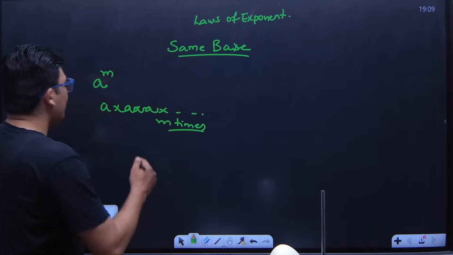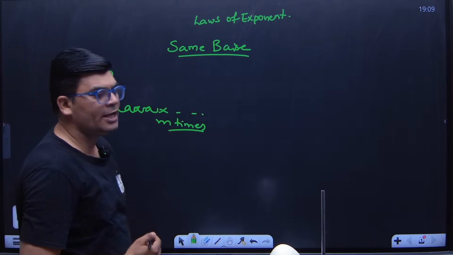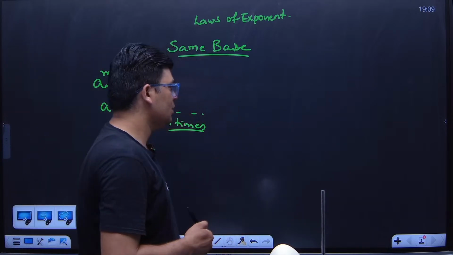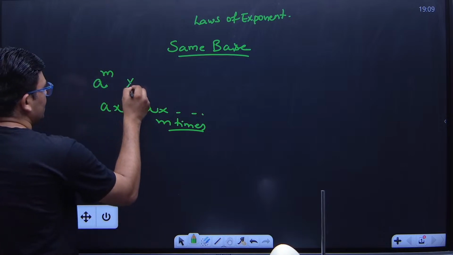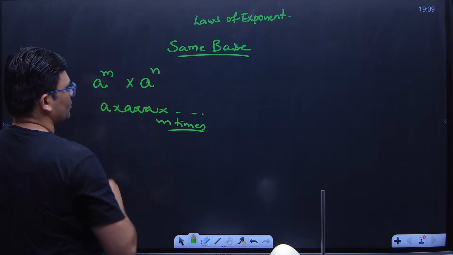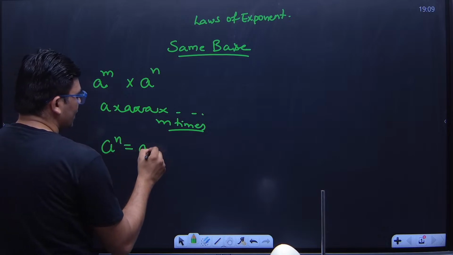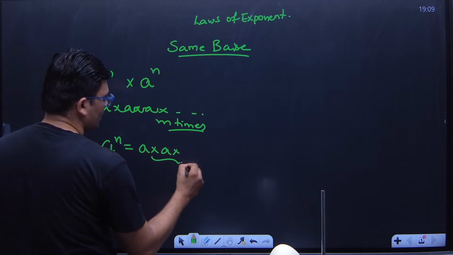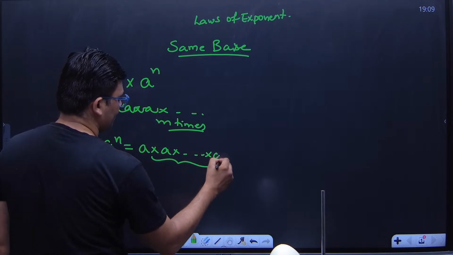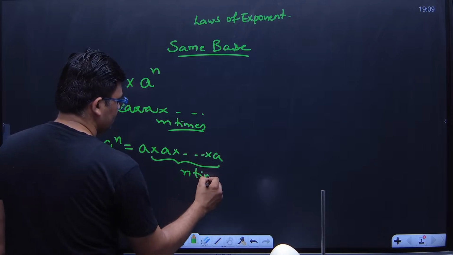So a to the power m means a is multiplied how many times? M times. Suppose I multiply this by a to the power n. Now what does a to the power n mean? It means a is multiplied n times.